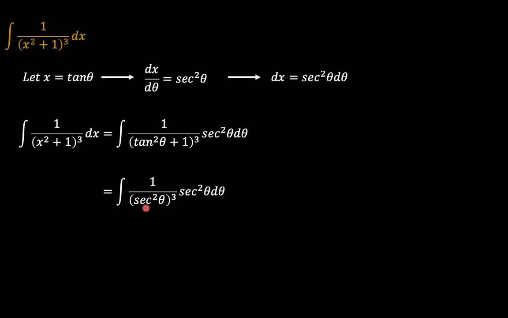So in the denominator we have (sec squared theta) cubed times, in place of dx, sec squared theta d theta. In the numerator we have sec squared theta, and in the denominator we have sec to the power 6 theta. That reduces everything to 1 over sec to the power 4 theta.